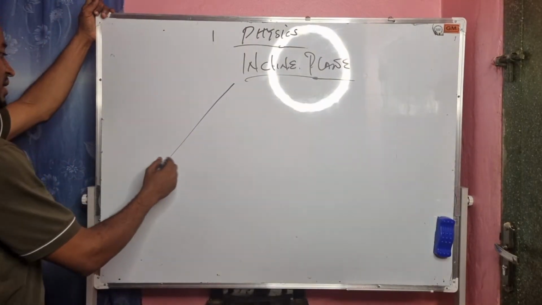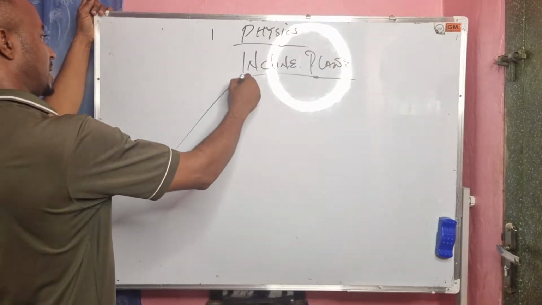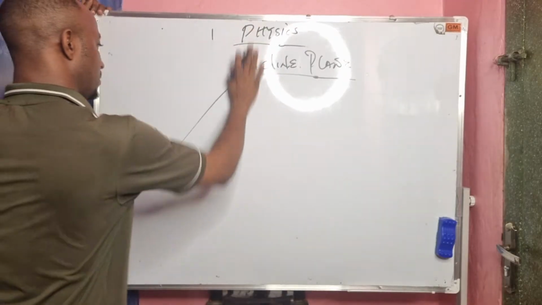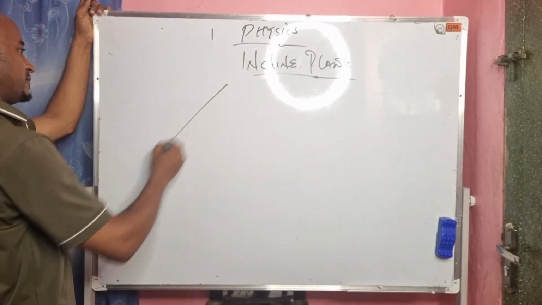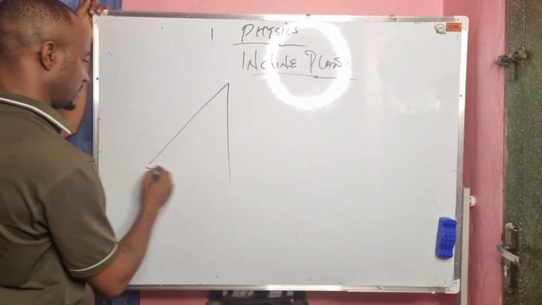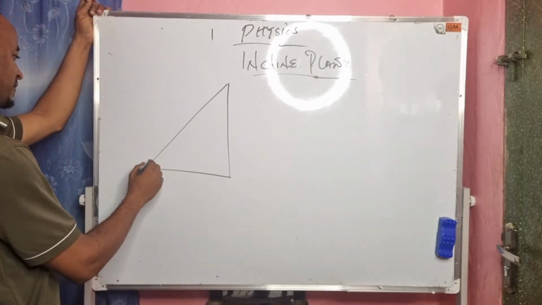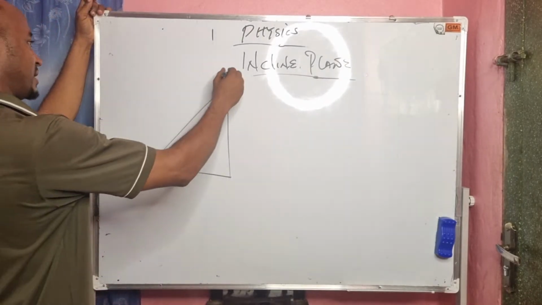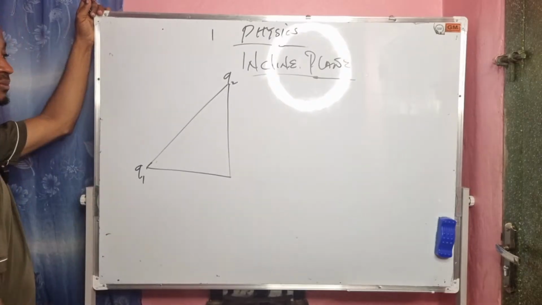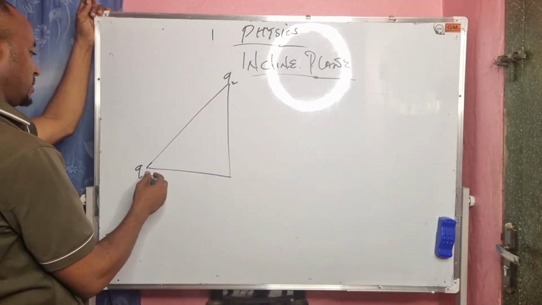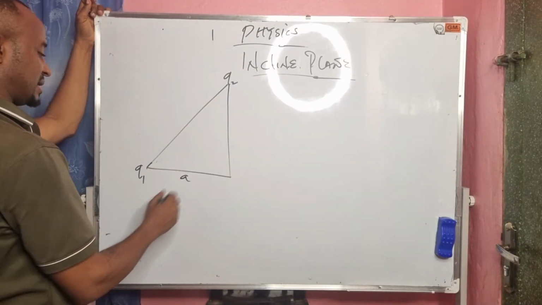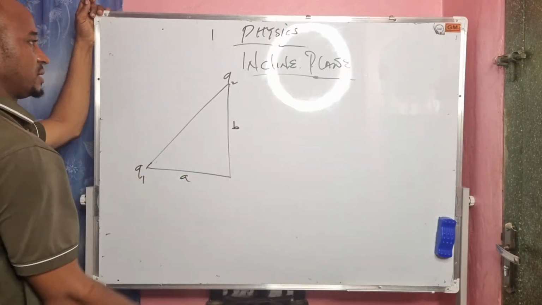Let's say I have a plane. I have my first charge, Q1, and another charge here, Q2. Then I have a distance here, A, and here's B.